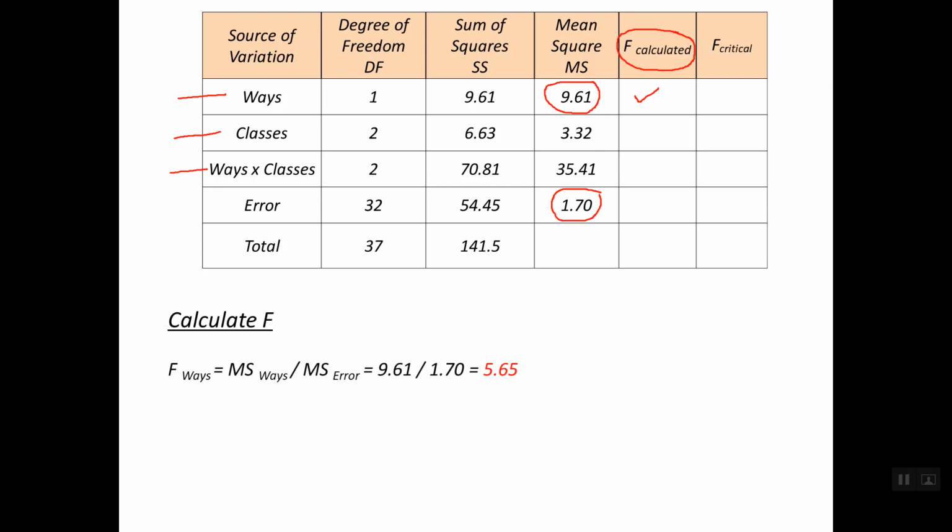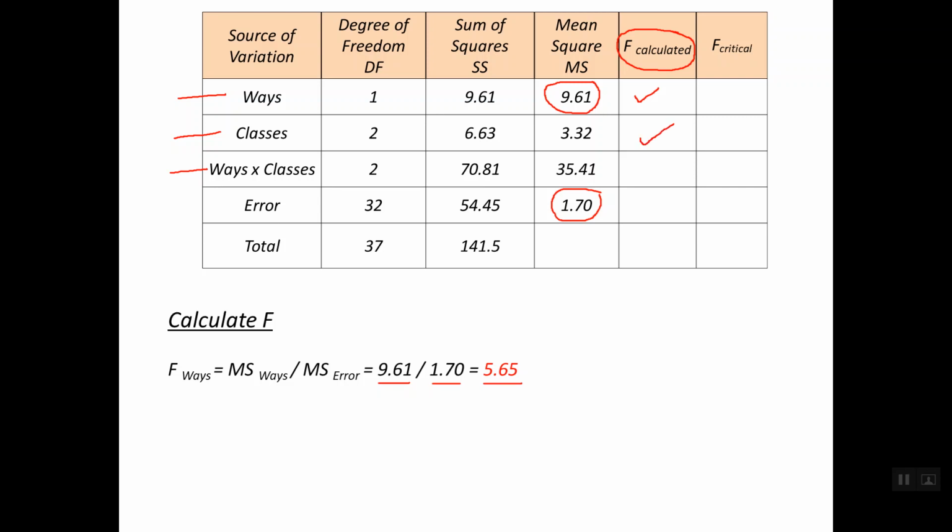So the value of F for the first factor, F ways, is MS for the ways divided by MS for the error. This is the MS for the first factor, this is the MS for the error, and this is the value of the calculated F.